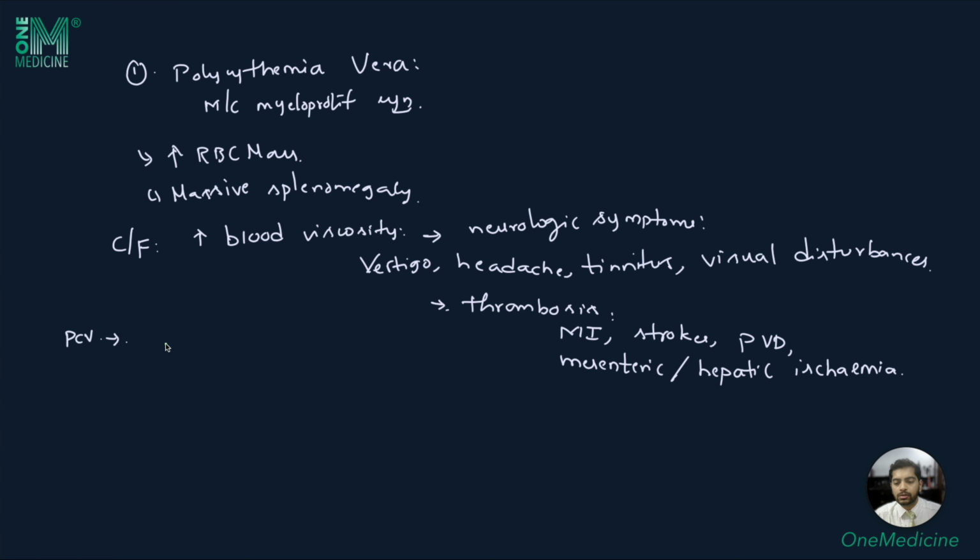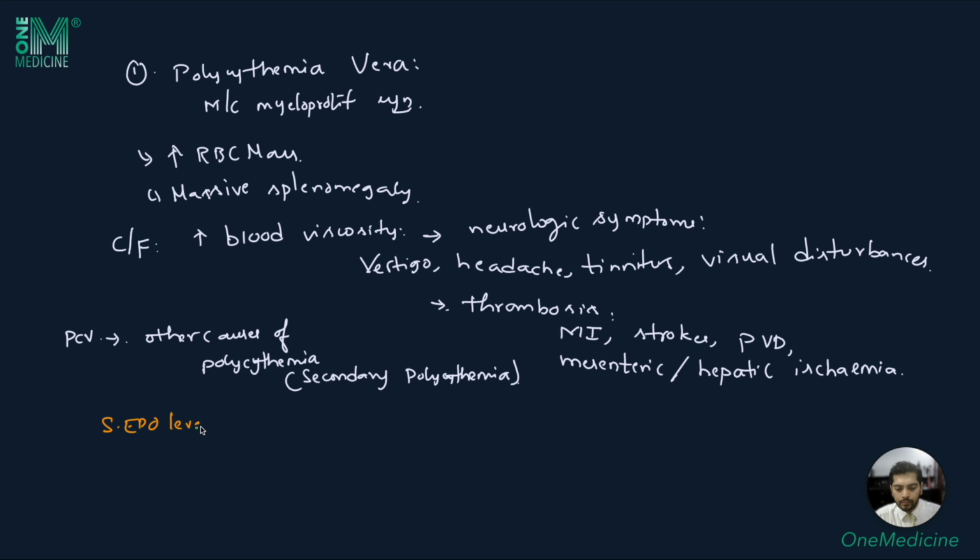Polycythemia vera has to be differentiated from other causes of polycythemia. The other causes are called secondary polycythemia. This is initially done by measuring the serum erythropoietin levels, and primary polycythemia or polycythemia vera usually has low levels of erythropoietin.